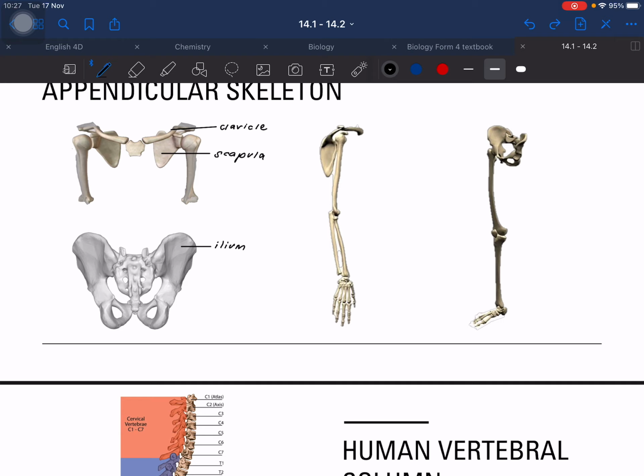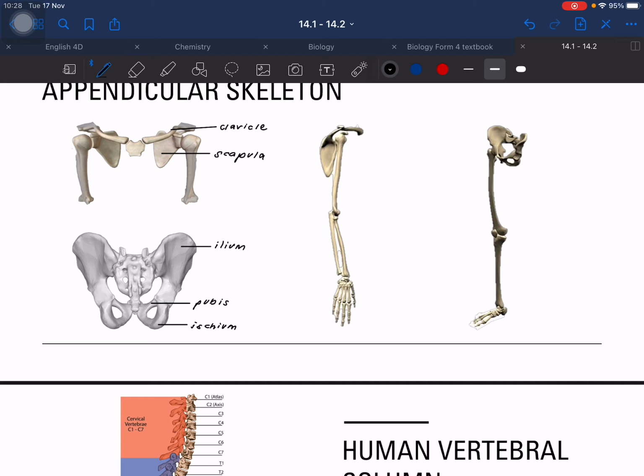And this is your pubis. So your pubis, also known as the pubic bone, and your ischium. Yeah, ischium. As long as you know how it is spelled, right?